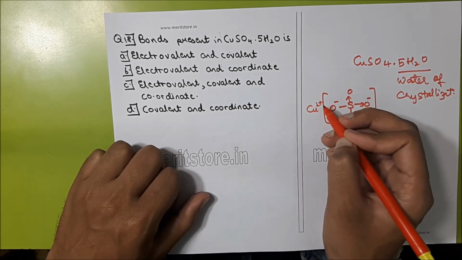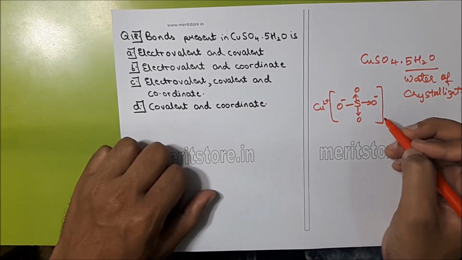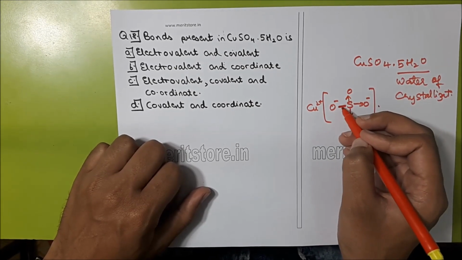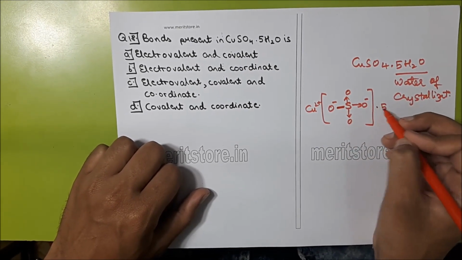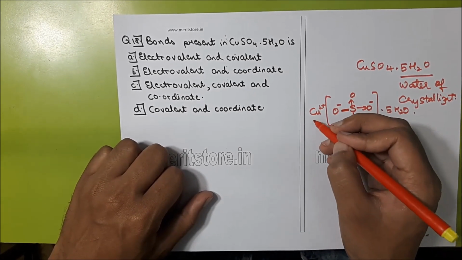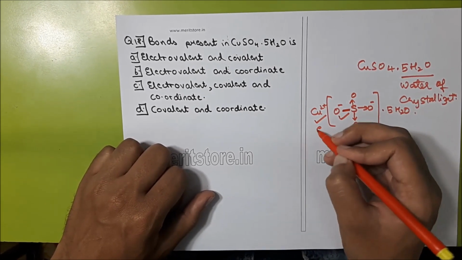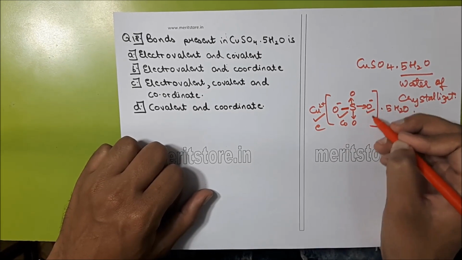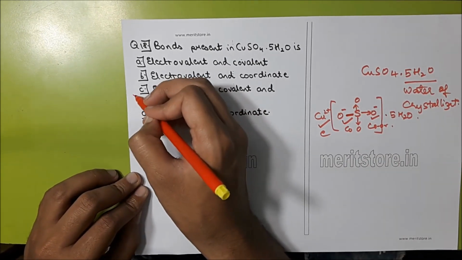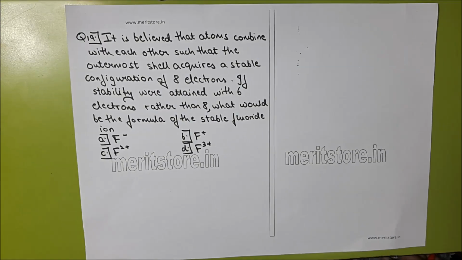The copper ion is bonded to the whole structure with an electrovalent bond, and there are coordinate bonds and covalent bonds too. So the given structure has electrovalent, covalent and coordinate bonds. All 3 bonds are present, so option C is the correct option.